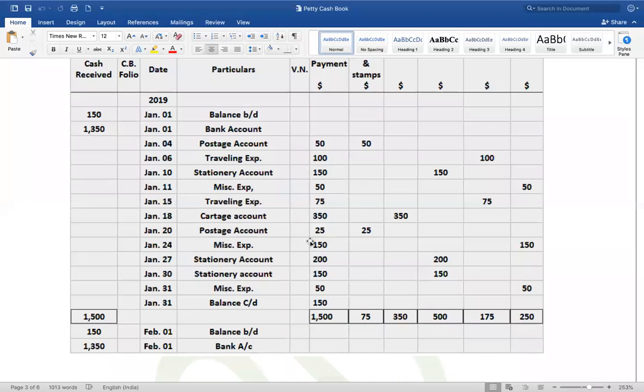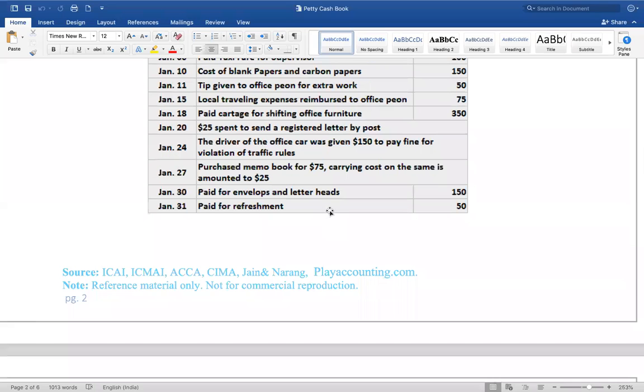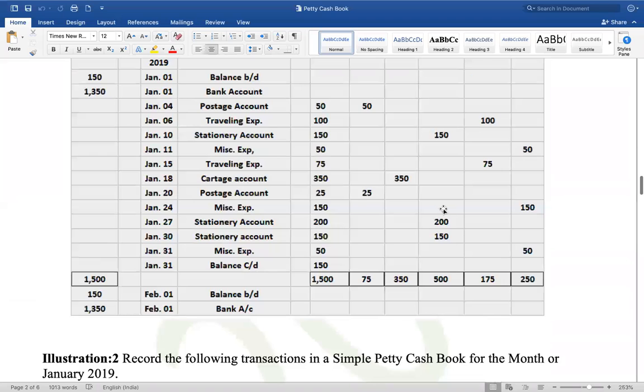Next, on 27th, purchase of memo books for 75 and the carrying cost is 25. The attendant has to go and come, for him 25, and the cost of the book is 75, total 100. But don't be worried here. It is taken as 200.